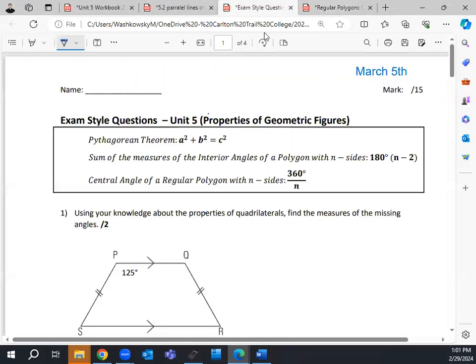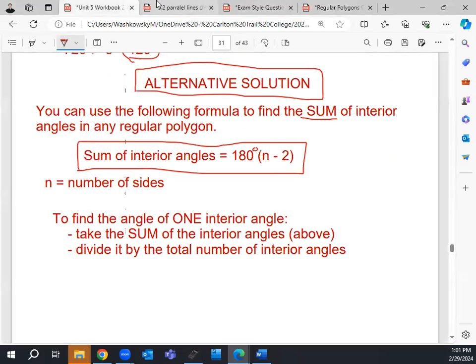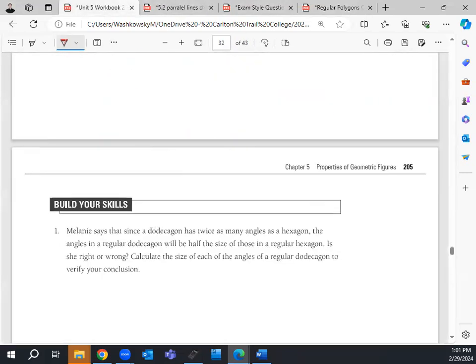So we're going to head back to page 205 on our document here.